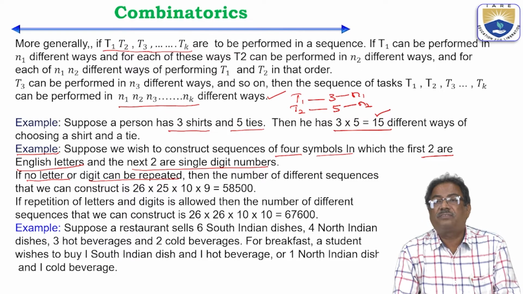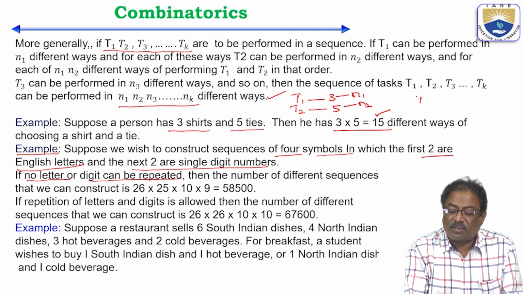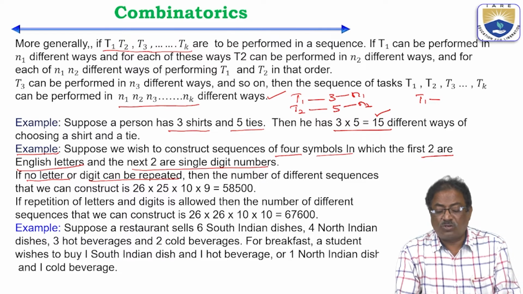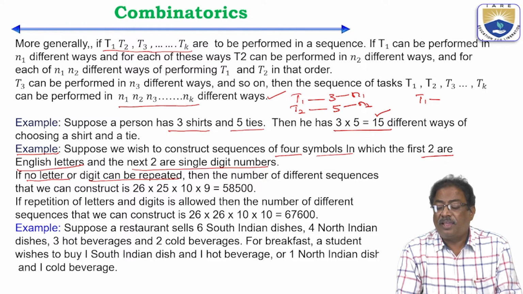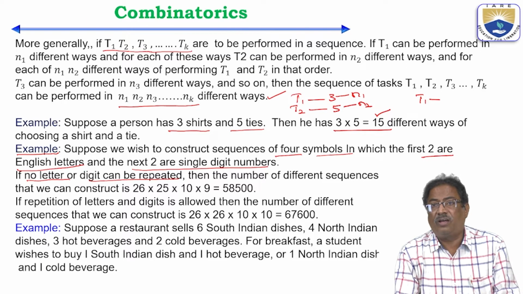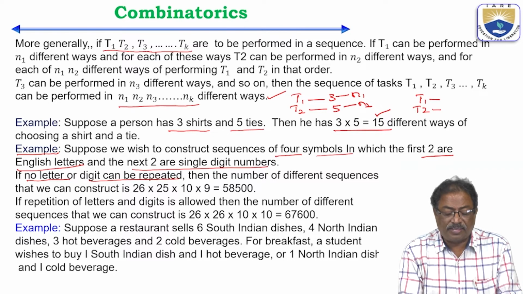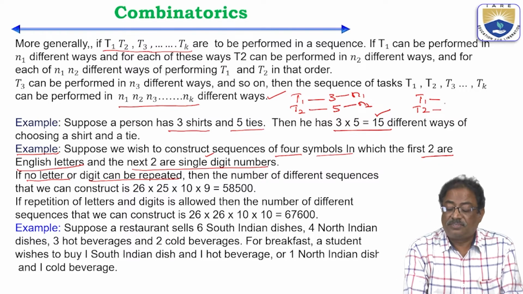How many different sequences are possible? Here T1 is one task, selecting 2 symbols from the English alphabet, and next T2 is another task, selecting single digit numbers.